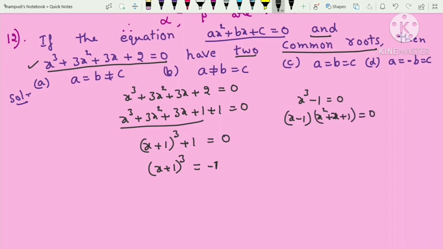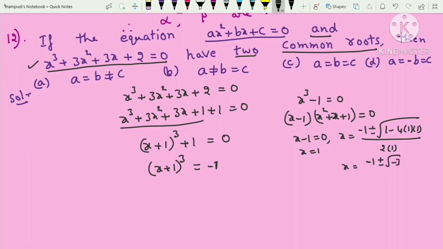So here the roots are x minus 1 equal to 0, x is equal to 1, and x is equal to minus b plus or minus square root of b square minus 4ac divided by 2a, with 2 into 1. So x is equal to minus 1 plus or minus root of minus 3 by 2.